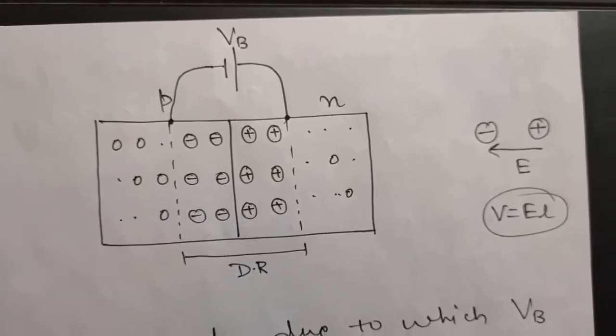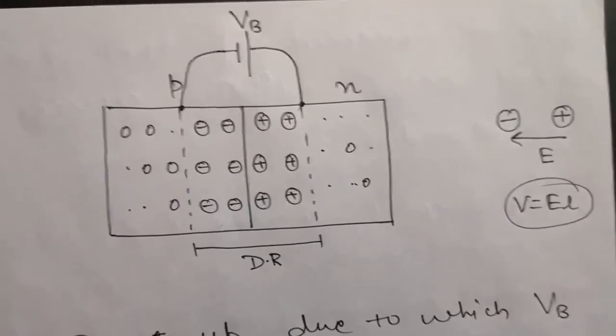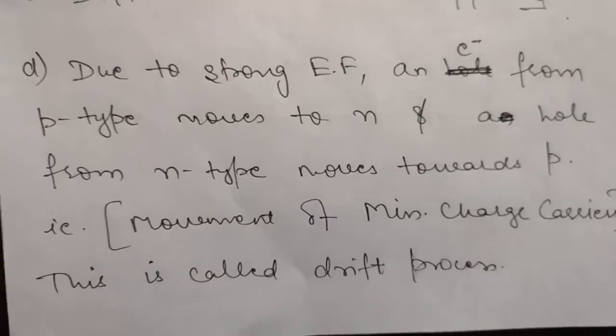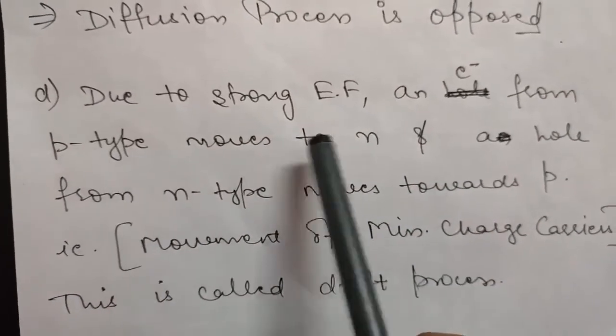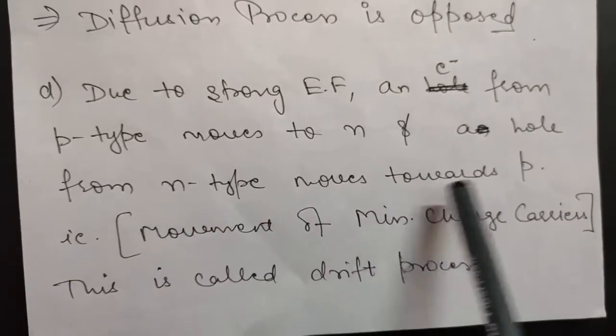So you can say due to this strong electric field, a little movement of minority charge carriers will take place. That is, due to the strong electric field, an electron from P type moves towards N, and a hole from N type moves towards P.